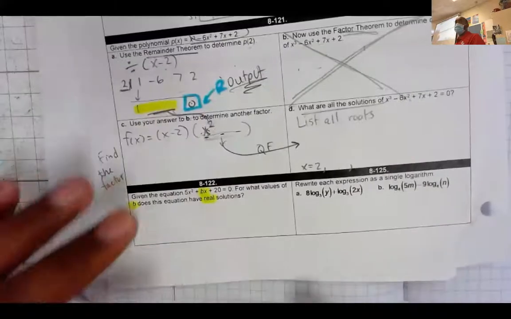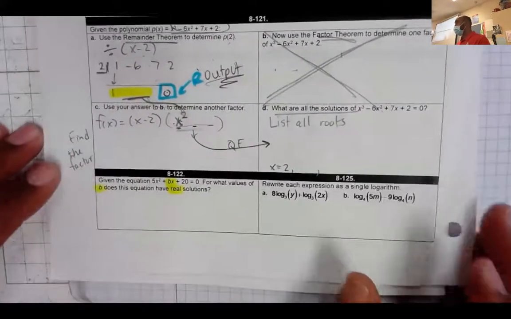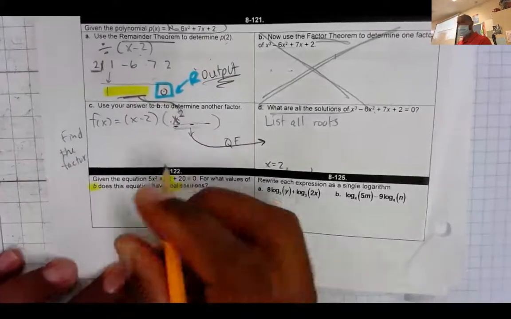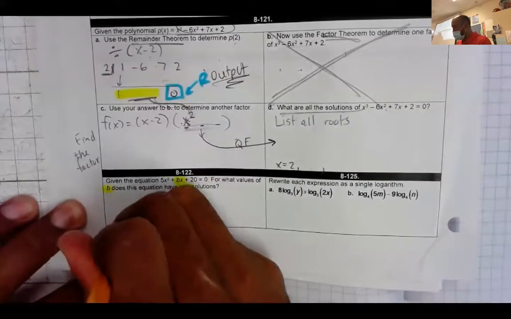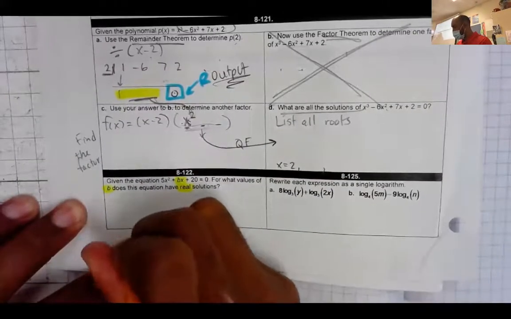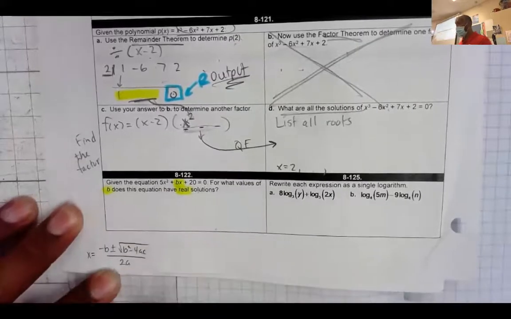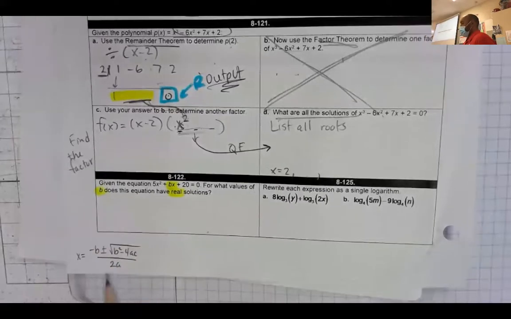The way you want to approach this is to think about the quadratic formula. If I'm doing the quadratic formula, I'm going to write that down here at the bottom: negative b plus and minus the square root of b squared minus 4ac. As I'm working on this problem, what part of this will tell me I'm going to have a complex or imaginary number?